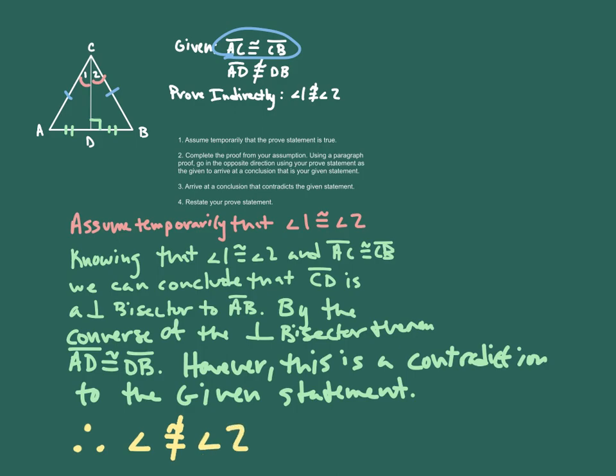So the whole goal here is to use these steps: take your prove statement, say the opposite of that prove statement, go backwards in your proof to contradict your given statement, and then rewrite the statement that you're trying to prove indirectly. These two things in the end need to match, and that's the goal.